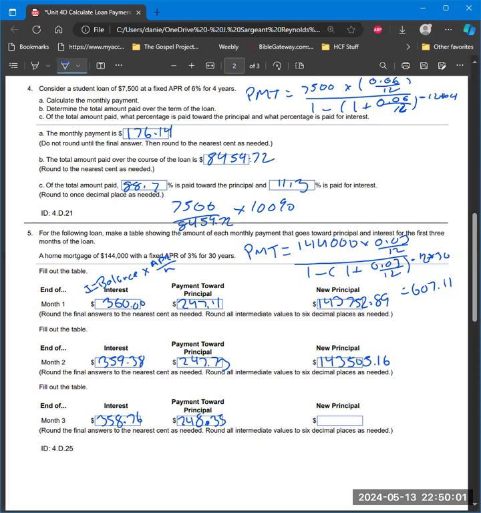Usually they're going to make you always pay the next cent up if there's any fraction of a cent, and they'll give you the discount on the last payment that you make. For getting all the way to the end, that's usually the way that the loan company works.